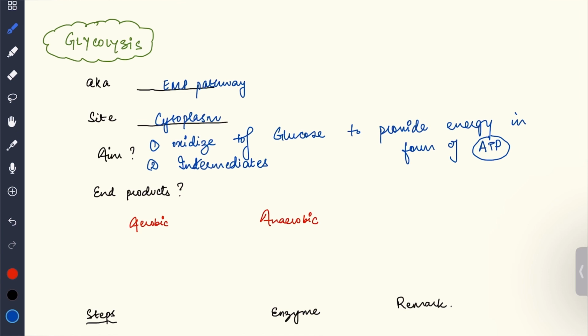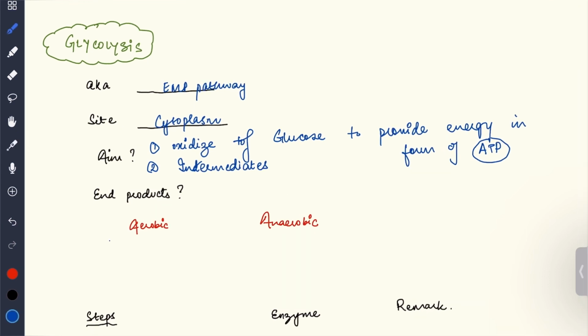Now, what are the end products of glycolysis? Before knowing the end products, we have to know there are two types of glycolysis: aerobic and anaerobic. Aerobic glycolysis is in the presence of oxygen. This is the common basic knowledge which you keep. And anaerobic will be in the absence of oxygen. Now where is oxygen absent?